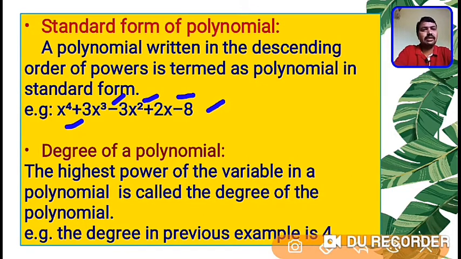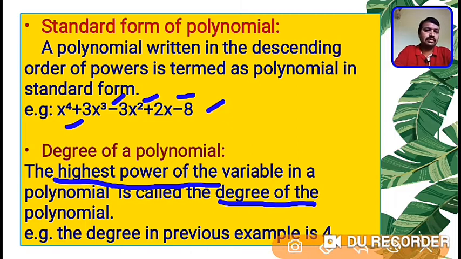Next is the degree of a polynomial. The highest power of the variable in a polynomial is called the degree of the polynomial.